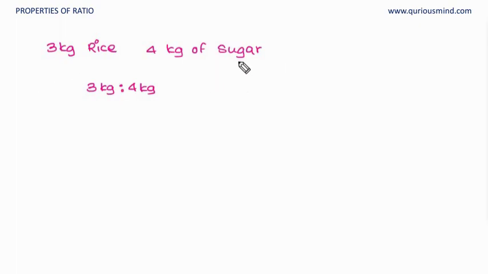Whenever we have this, we will first put this in the fraction format. So 3 kilogram upon 4 kilogram. And now this kilogram, the unit, gets cancelled because it is present in both the places.